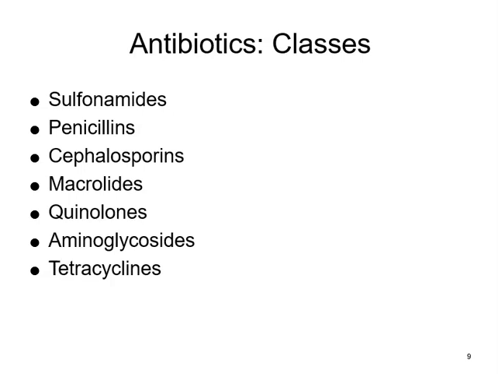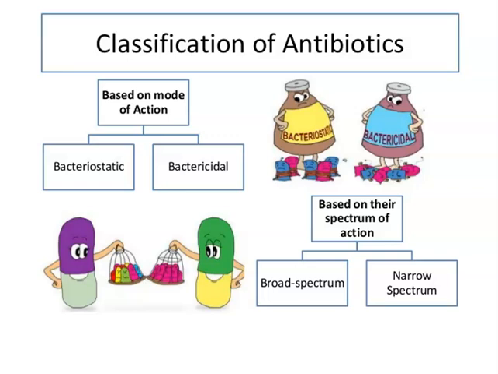Antibiotics are further classified by what their actual action is. Remember, an antibiotic may be bacteriostatic, meaning that it inhibits the growth of susceptible bacteria rather than killing them immediately, but eventually does lead to bacterial death, versus bactericidal, which kills the bacteria.